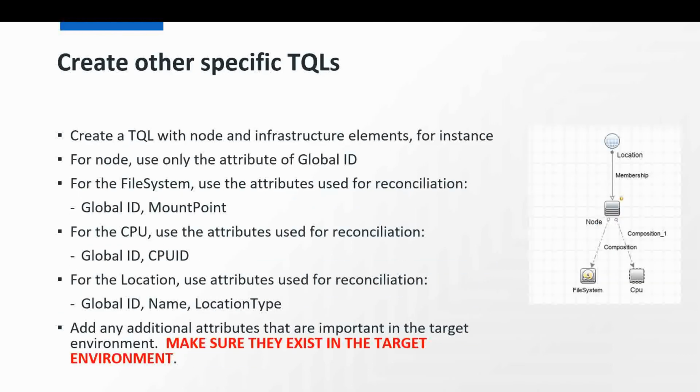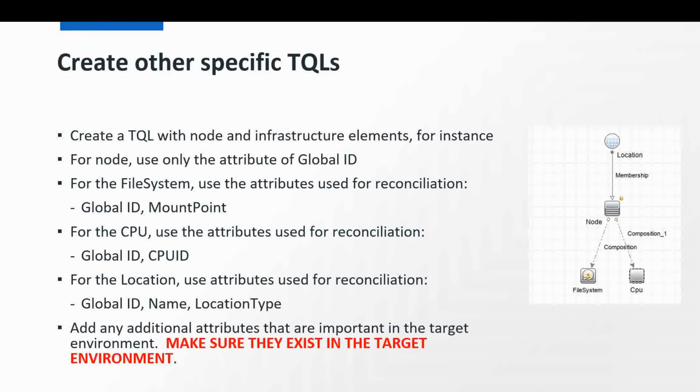Then any subsequent TQLs. For example, on the TQL on the right-hand side, I'm using a location, a file system, and a CPU. So once again, for the node infrastructure elements, you're going to only use the global ID for the node.